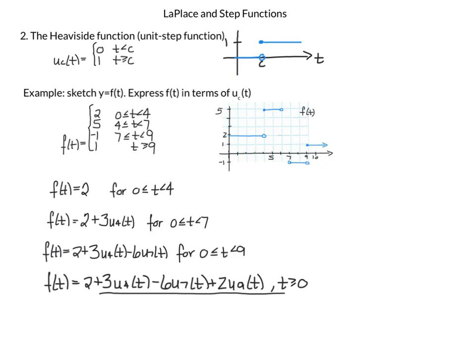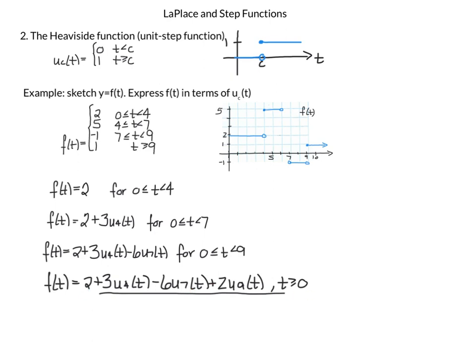So in other words, we need to go down 6 units, and we're going to multiply that by u 7, because essentially this function stays 0 until we hit 7. And then finally, at t equals 9, we need to go up 2 units, so that's 2 u 9 of t. And this is our final answer.